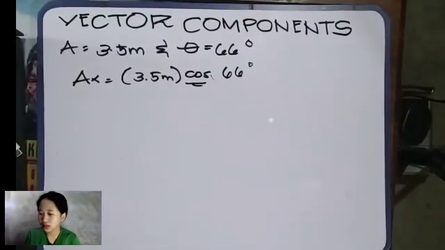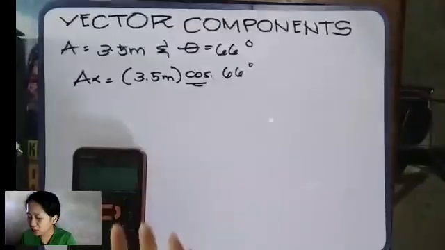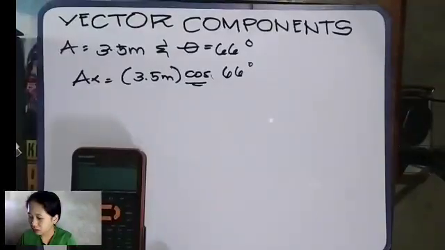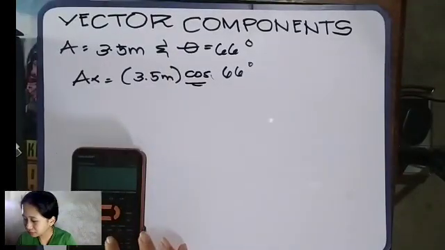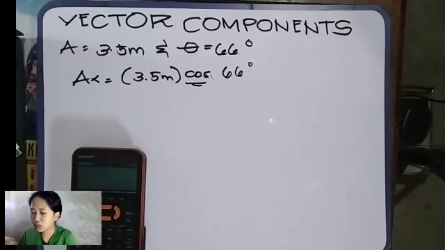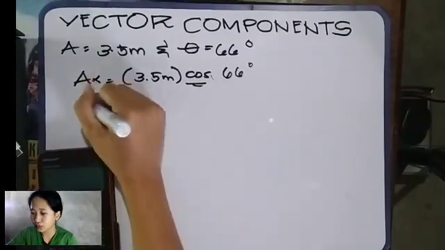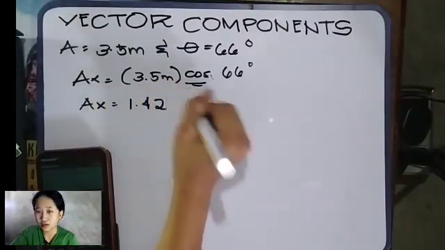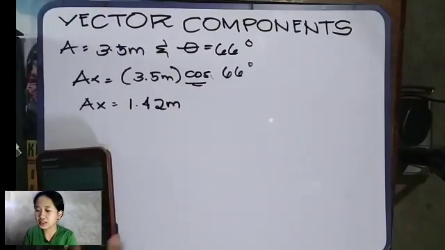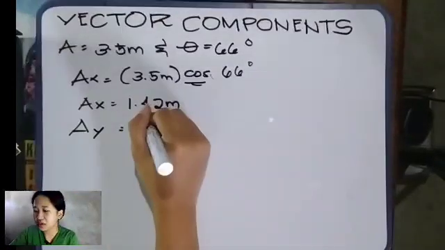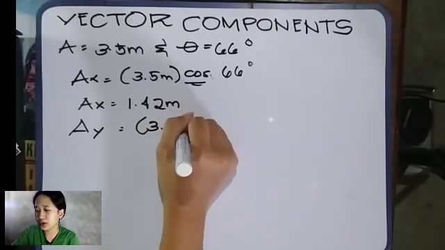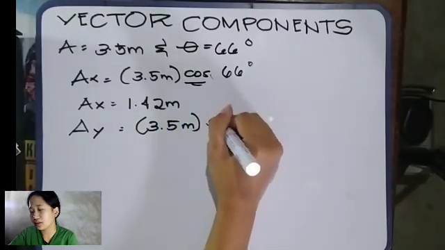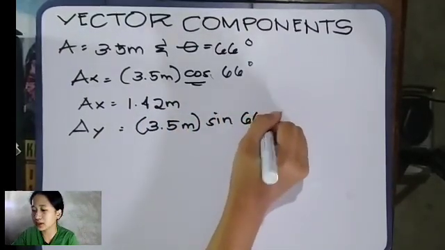So, isosolve lang natin. So, 3.5 cosine 66 is equals to 1.42 meters. Then, sa may a sub y natin is 3.5 meters sine naman. Okay, sine 66 degrees.